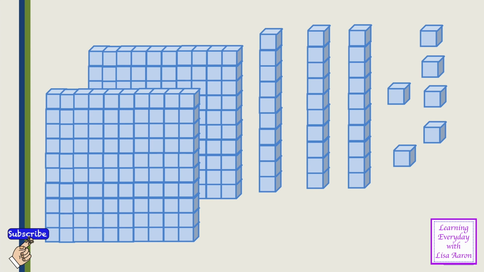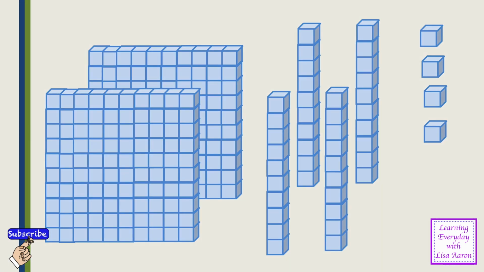We have 2 groups of 100, 3 groups of 10, and 6. 236. 2 blocks of 100, 4 10-unit blocks, and 4 individual blocks.